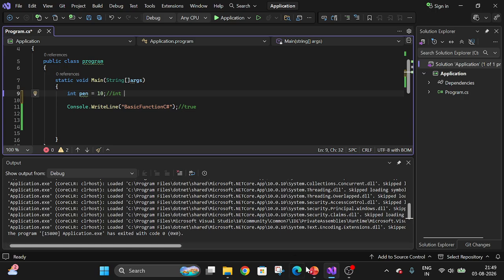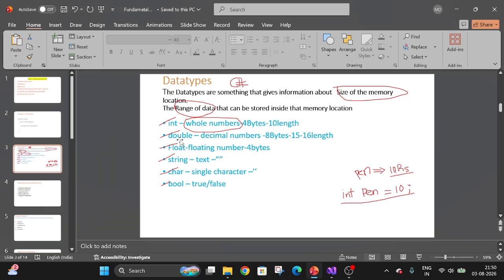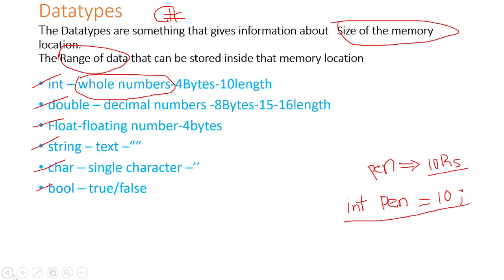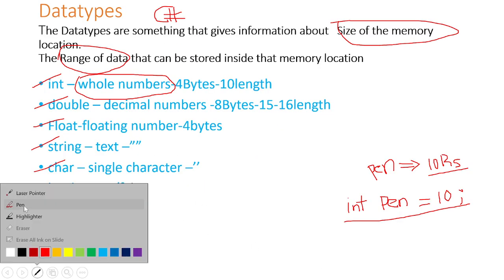The second one is double. The double stores a larger value, not a lesser one. See, I've defined it here.